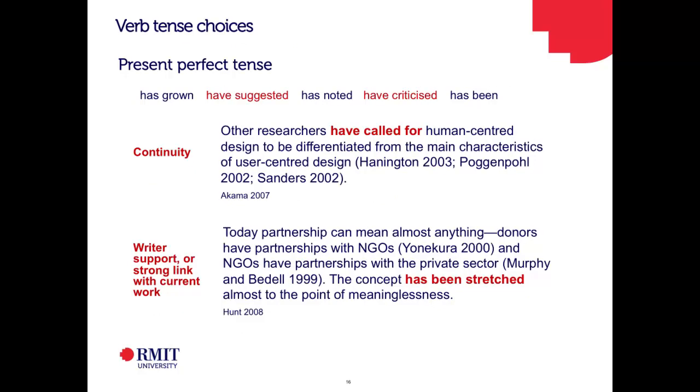The present perfect tense is used to emphasize the continuity of opinion or action, a prevailing state that we might expect action on. This makes it a useful tense for marking the gap in existing knowledge where your research will sit.